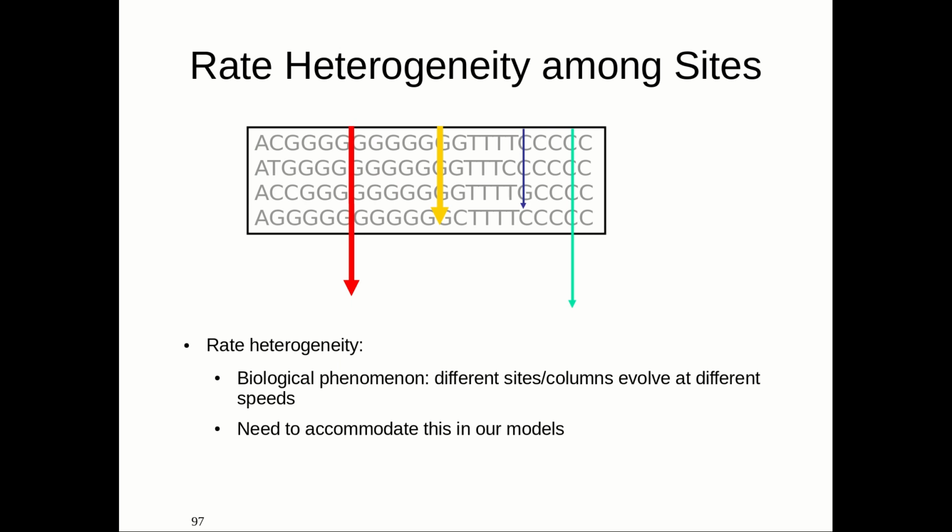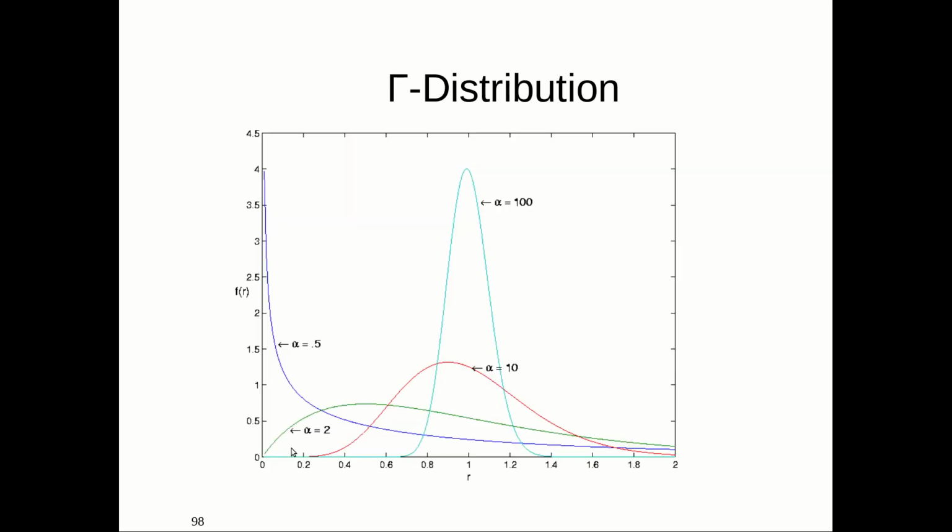Right, so a couple of notes about rate heterogeneity among sites. We all know that this is a true biological phenomenon, that different sites or columns evolve at different speeds, and we need to accommodate this in our models. So this is the gamma distribution that we typically use, and it has this alpha shape parameter that gives very different shapes to this curve.